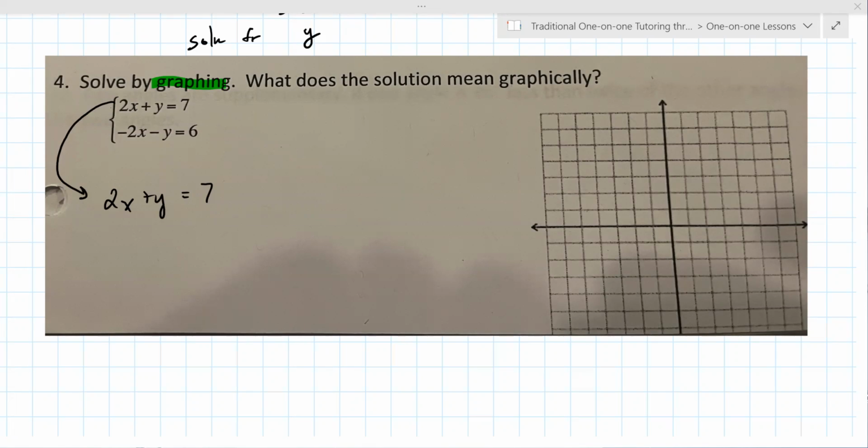All right, so whenever you get that solved for y, let me know what you come up with. So y would equal 5?